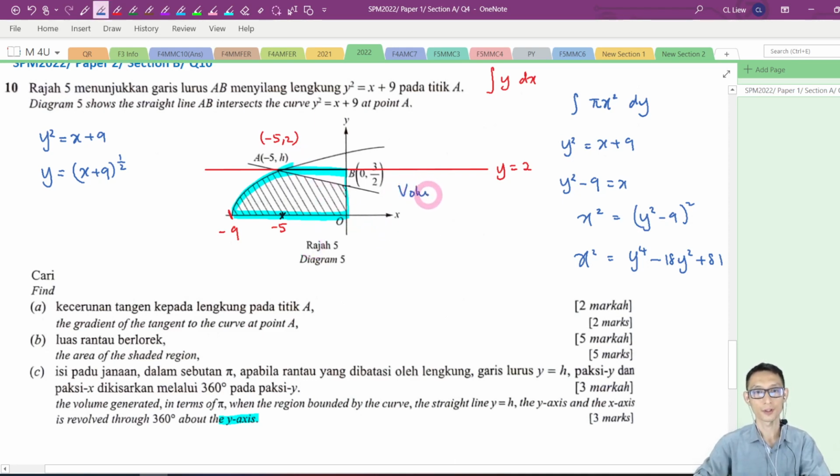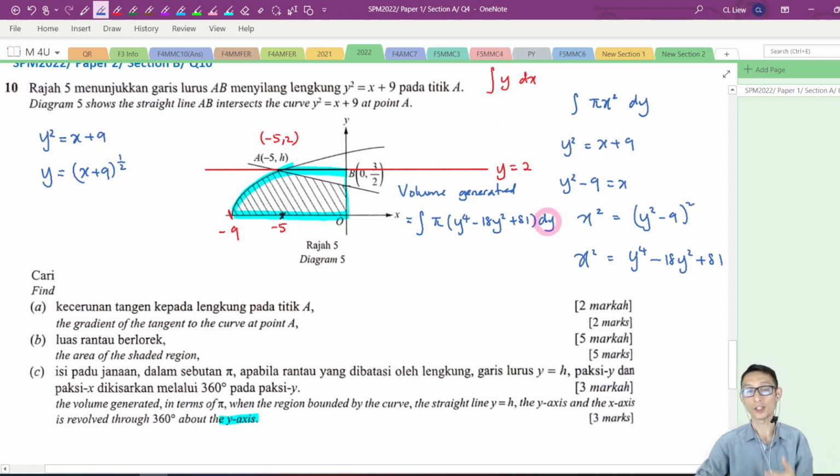Volume generated using this formula, pi x squared dy, pi x squared, which is this one, dy, and the lower limit, if this is dy, the two numbers here will come from the y-axis. So it's 0 until 2, 0, 2.